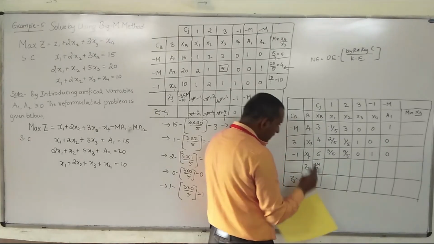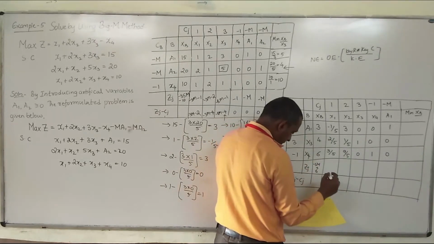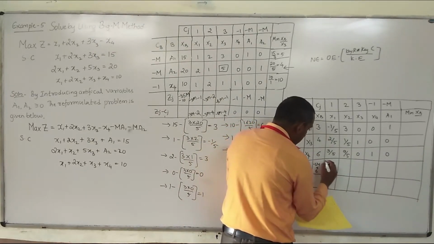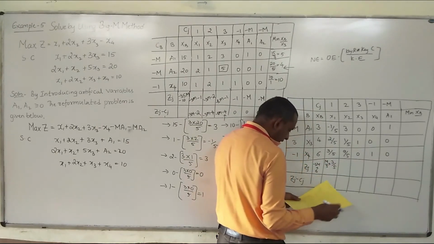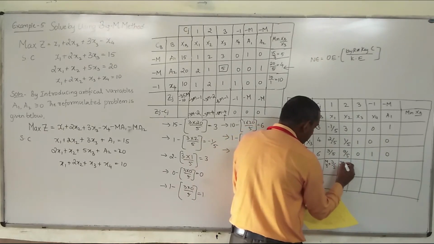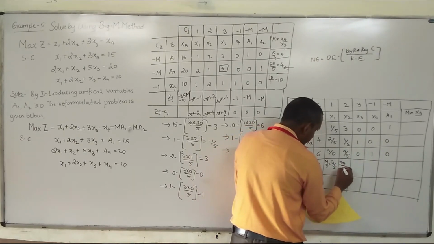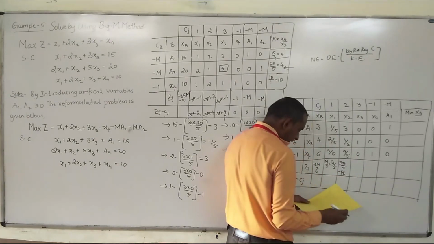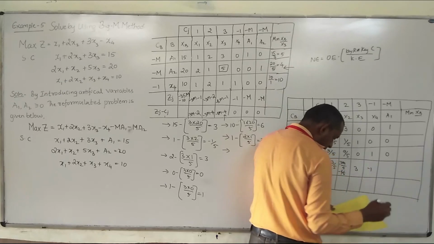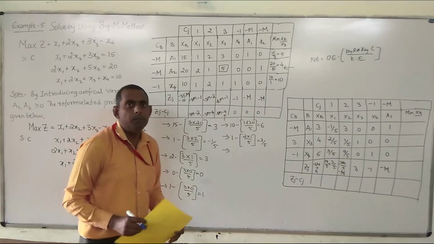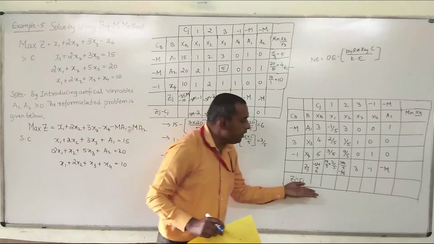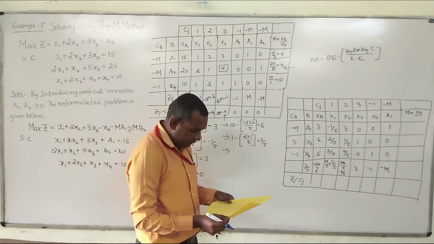Next one is m plus 5 plus 3 by 5. This is 7m divided by 5 minus 6 by 5. It is 3 minus 1 minus m.